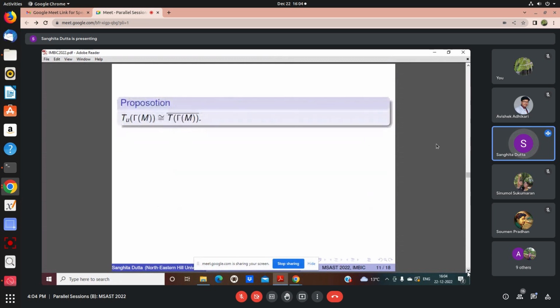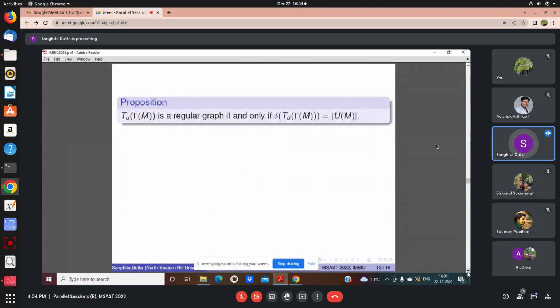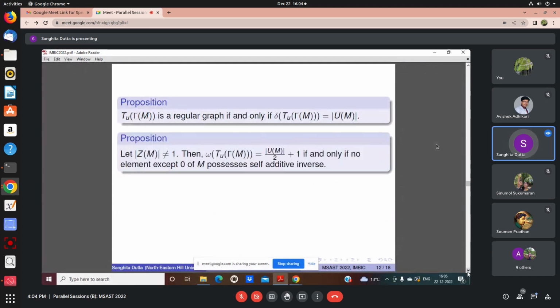Tu gamma M is isomorphic to the complement graph of the total graph with respect to the torsion element. Then here we have certain characterizations regarding the Hamiltonian property of Tu gamma M depending on the minimum degree of the vertex. And Tu gamma M is a regular graph if and only if the minimum degree is equal to the cardinality of Um.